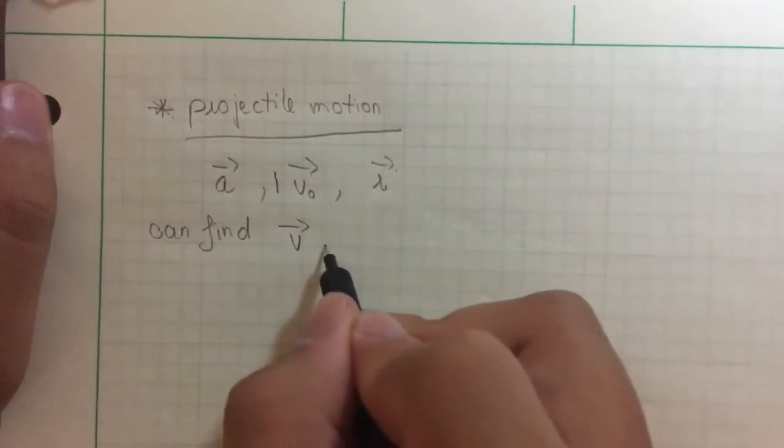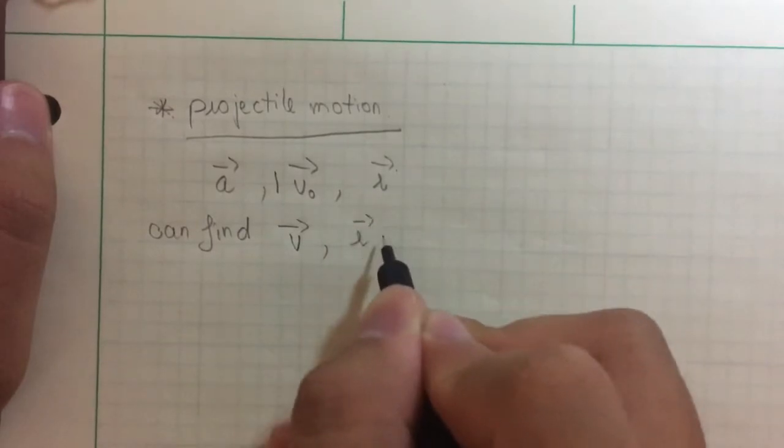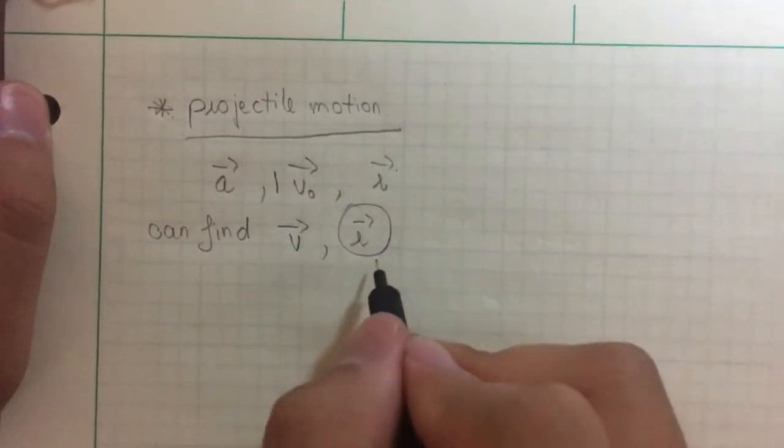The position vector is r of t, and we represent it as r.